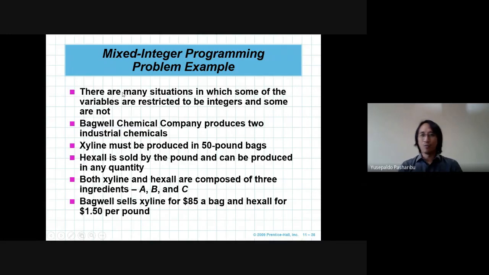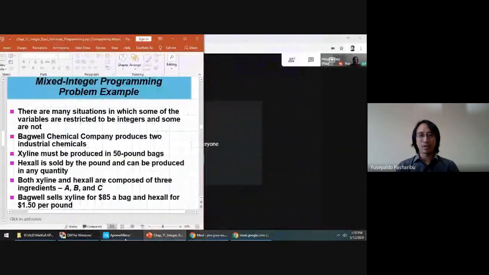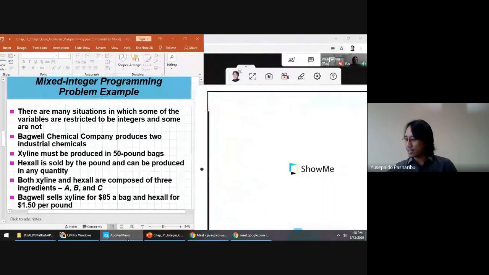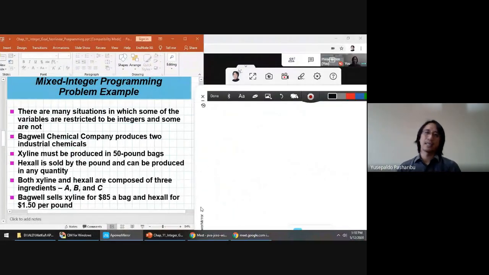Now we need to create the equation or the modeling. Both xylene and hexal are composed of 3 ingredients, and these must be the constraint. There are 2 important things that we need to create in integer programming.